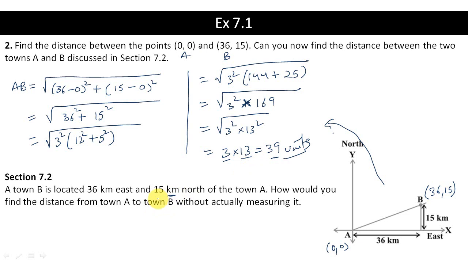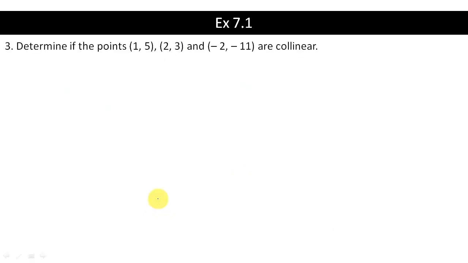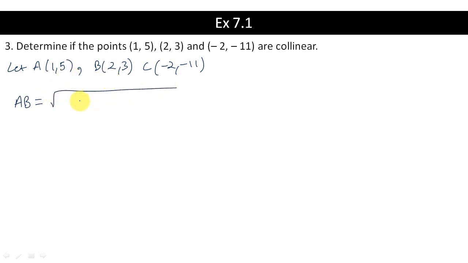Okay. Moving on to question number 3. Determine if the points (1, 5), (2, 3) and (-2, -11) are collinear. They have not labeled the points, so let us mark them as point A (1, 5), point B (2, 3), and point C (-2, -11). First we'll find the distance AB, which is under root of (x2 minus x1) square plus (y2 minus y1) square, so (2 minus 1) square plus (3 minus 5) square.